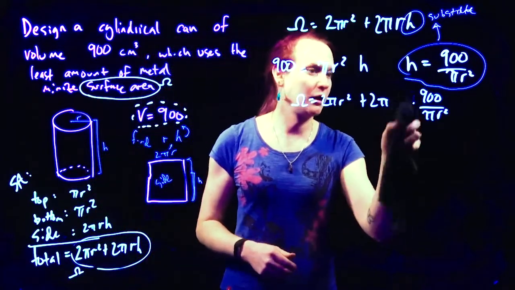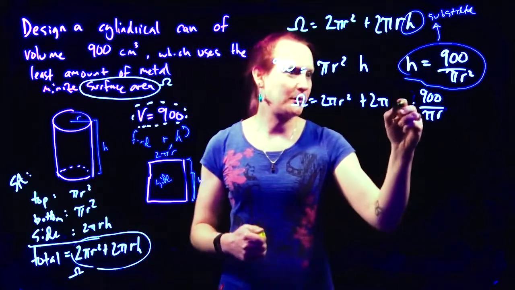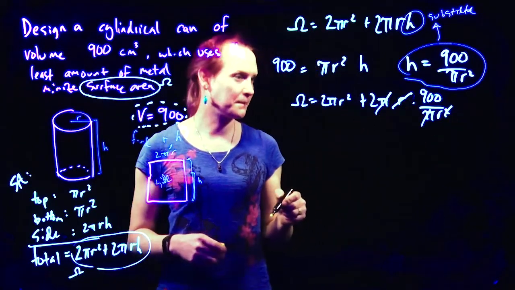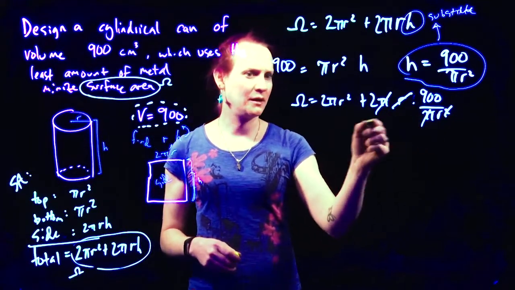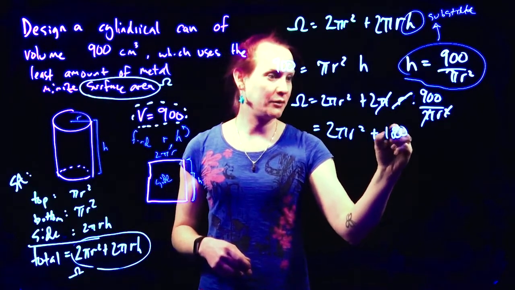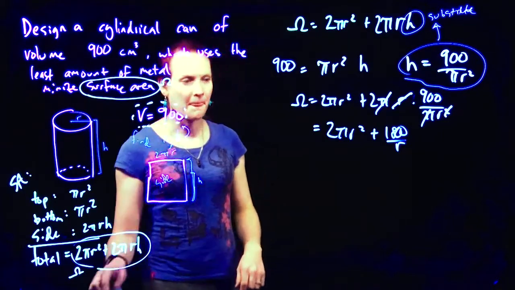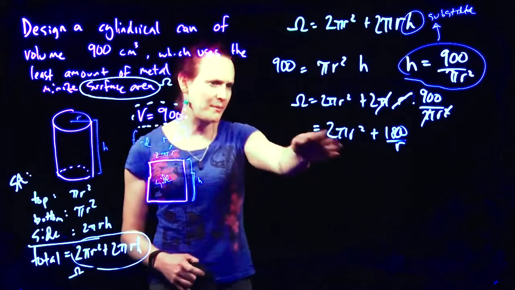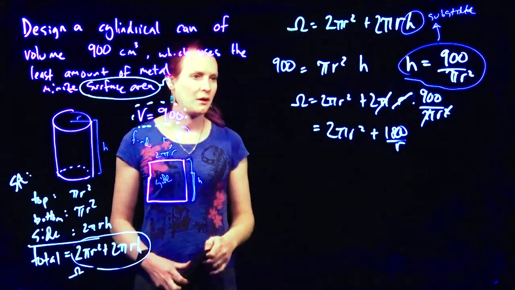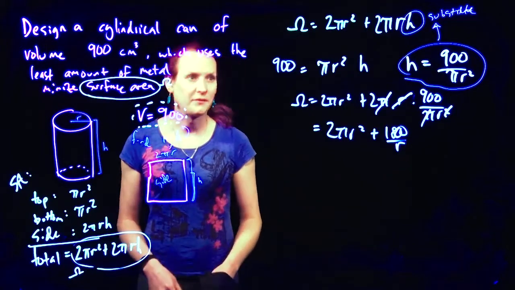I'm going to cancel an r and an r, cancel a pi. The 2 and the 900 are going to combine. So this is equal to 2 pi r squared plus 1800 over r. It's like a parabola modified by this 1 over r function that's been scaled quite heavily. It'd be useful to take a look at a plot of that if you wanted.